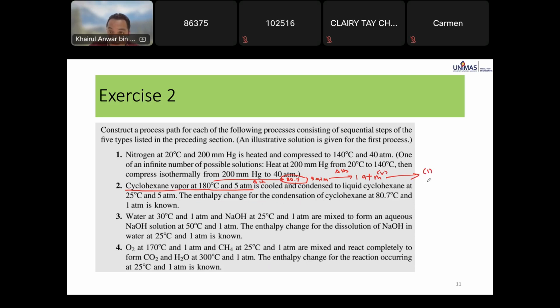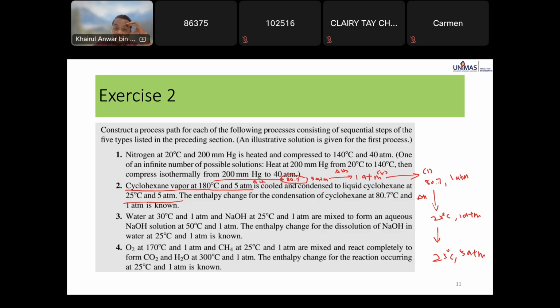So at liquid, it's actually 80.7 temperature and 180 M. From here, we reduce the temperature, this is another delta H, to 25 degrees C, but the pressure is 180 M. Then increase the pressure, because the target is 25 degrees C, 580 M. So here, 25 degrees C and 580 M.